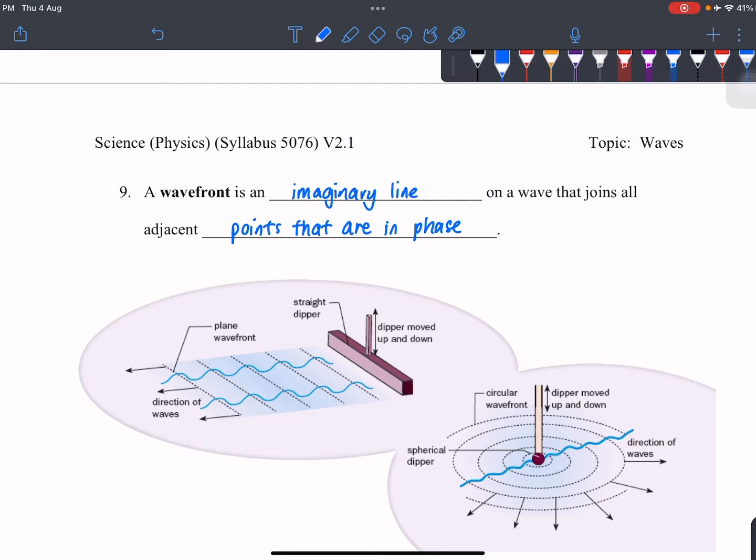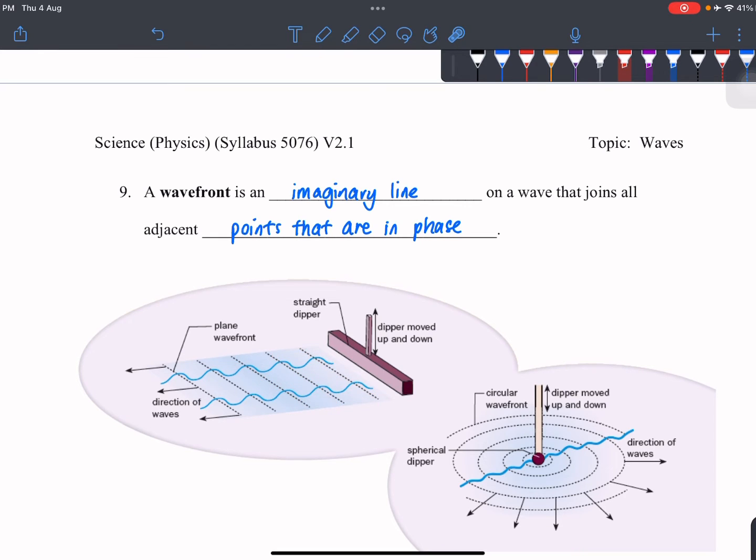It is joining all the crests together, all the troughs together, and all the other lines. Usually what we do is we will draw for the crests. So all these imaginary lines over here, we will draw for the crest. For example, all these are crests, so this imaginary line is a wavefront.